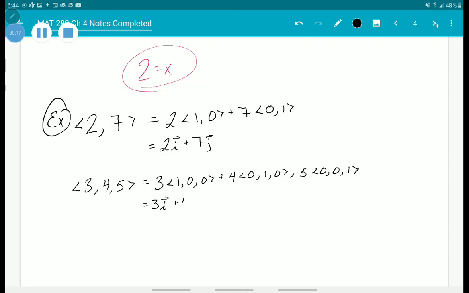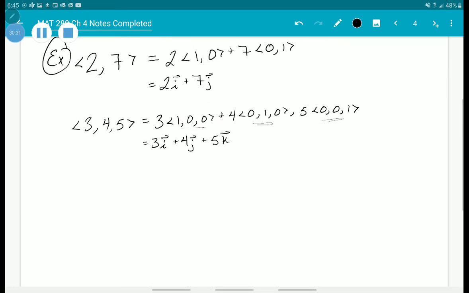So we could write it this way. So we use i, j, and k here. Anything above 3 dimensions, we can't really use i, j, k. So that's where you start seeing like e1, e2, e3.